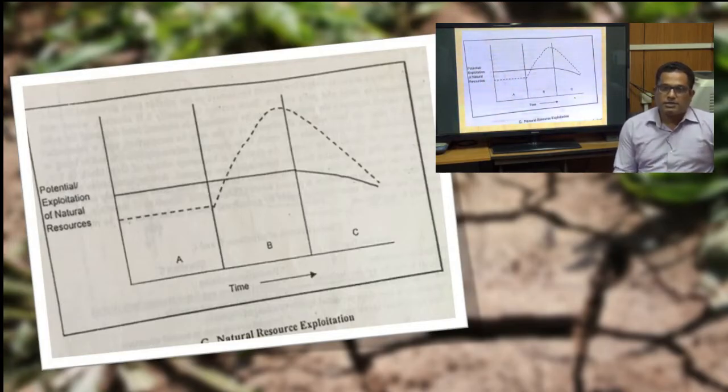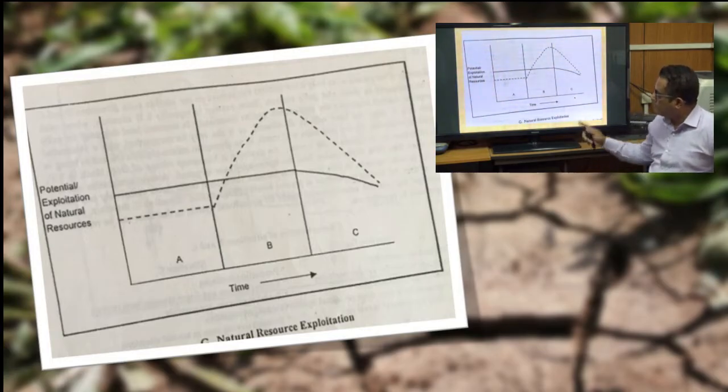Why do we have to celebrate, or observe, or take care of the environment? Why has this alarming situation happened? This has happened because of the overexploitation of our natural resources. We can understand this with this graph: potential or exploitation versus time.